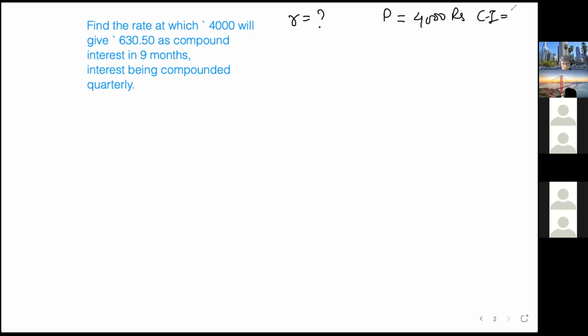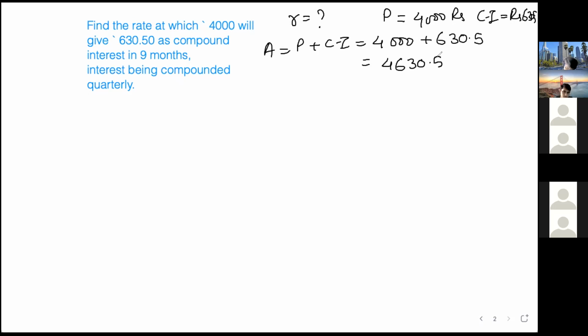Compound interest is rupees 630.5. Okay. So what will be after this thing, amount will be equal to P plus CI, which is equal to 4,000 plus 630.5, which is equal to 4630.5 rupees. Okay, now we have got amount.